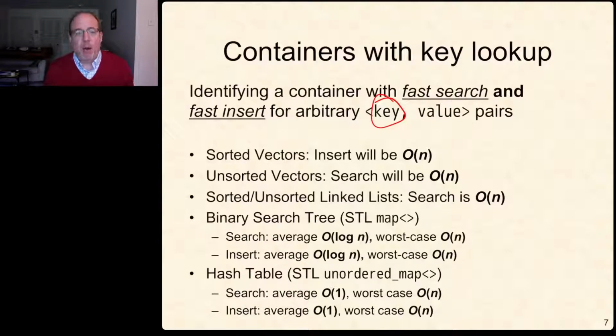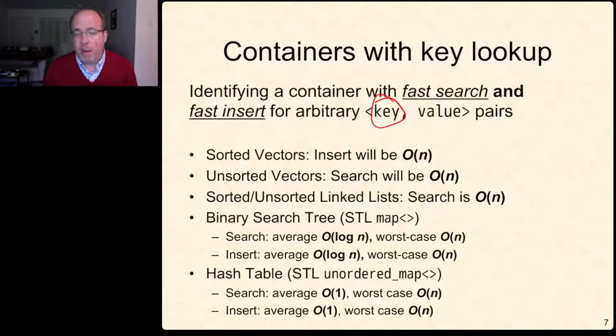Well, if we have sorted vectors, insertion in the worst case and in the average case is going to be linear time, because we have to move about half of the elements on average, or all of the elements in the worst case. So search is pretty fast, search is logarithmic, but insertion is going to be pretty slow.